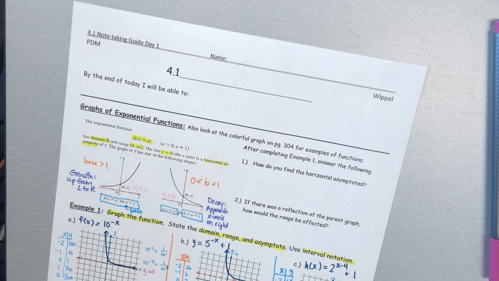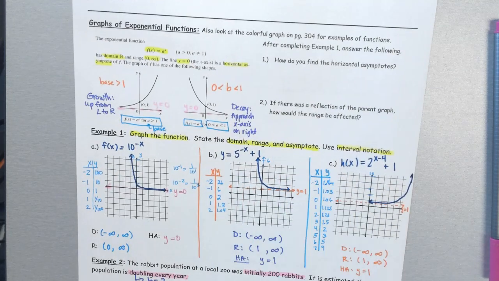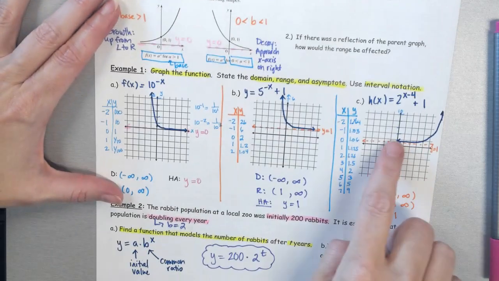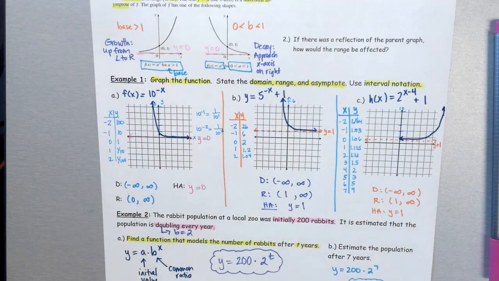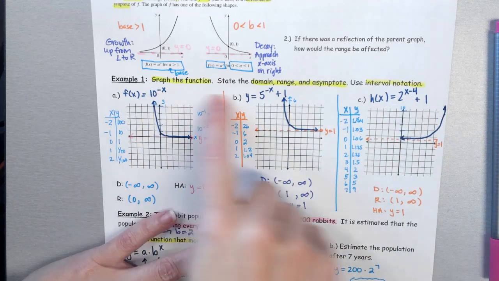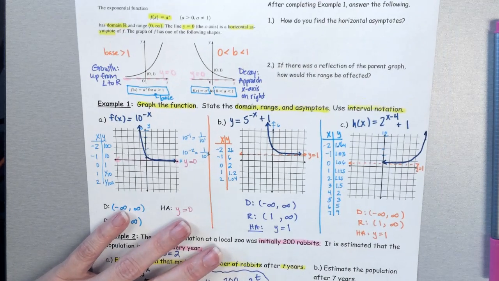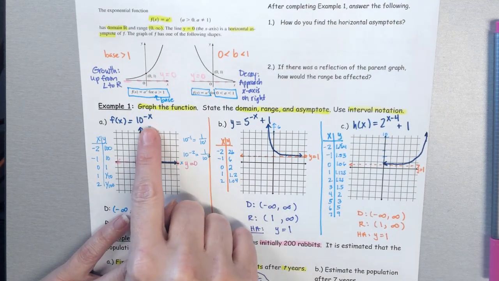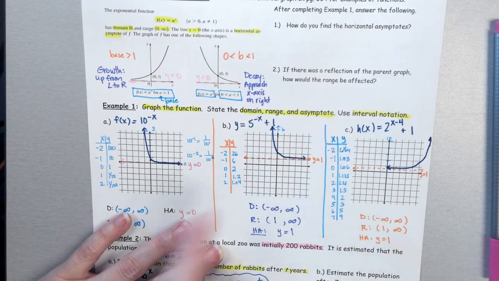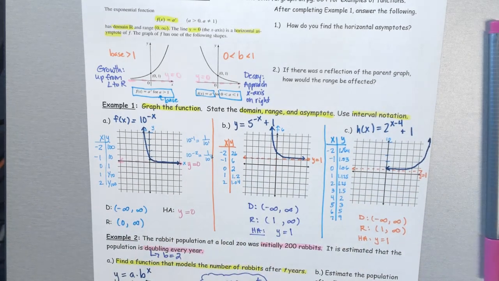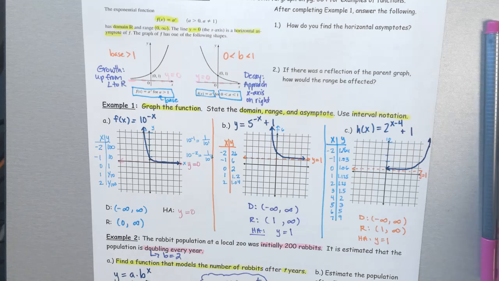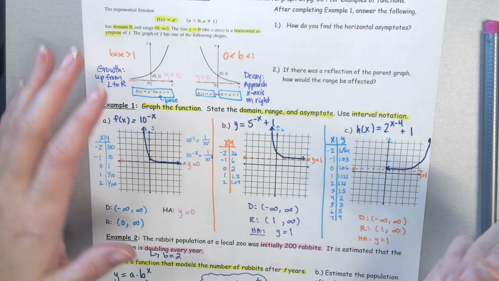All right, so let's answer 1 and 2 because I forgot. So how do you find the horizontal asymptote? So we use the graph for these, but you don't have to use the graph. You should actually know right from looking at your equations, right? So this one was 0. These were both 1. So how can you find what the horizontal asymptotes are? Yeah, there's 2 ways, right?